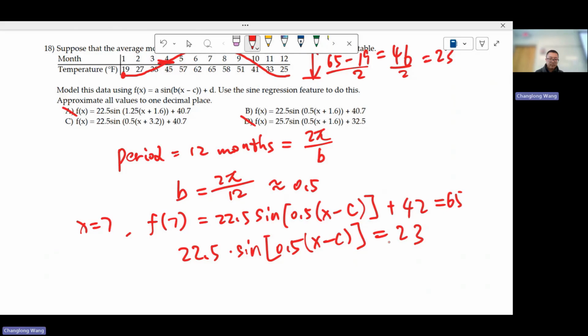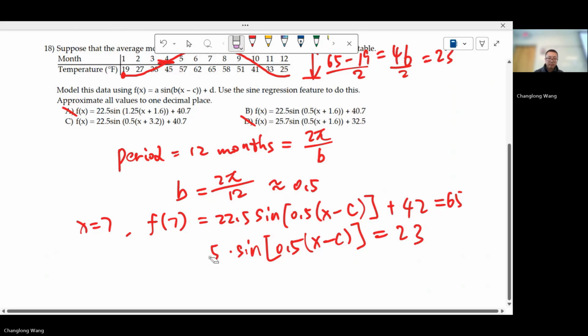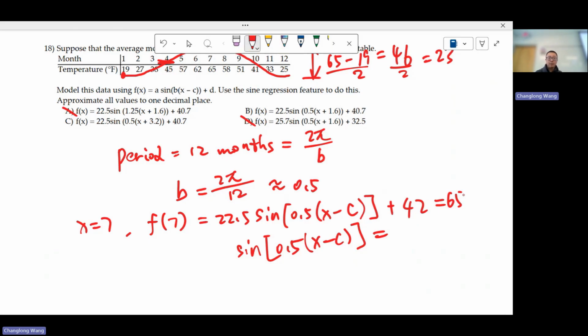That's a bad way of doing it. And you know why? Since we have errors in the calculation. If you do the division, you realize that the sine is greater than 1. And that's because we didn't get to exactly how much the vertical shift is.